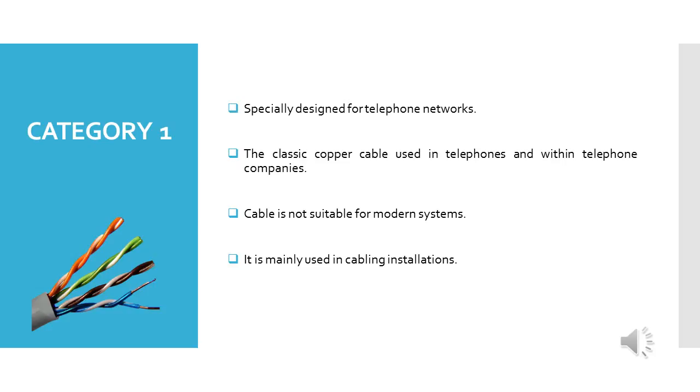Number 2, the classic copper cable used in telephones and within telephone companies. Number 3, the cable is not suitable for modem systems. Number 4, it is mainly used in cabling installation.